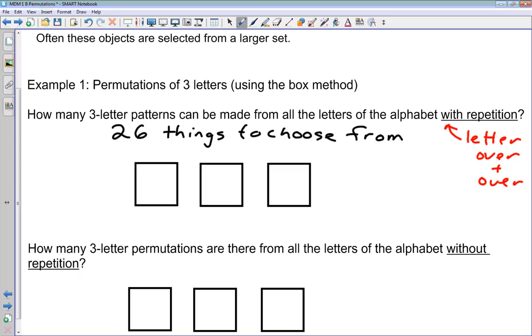And if we're making a three-letter pattern, we set up three boxes, one representing the first letter in our pattern, the second letter, and the third letter.